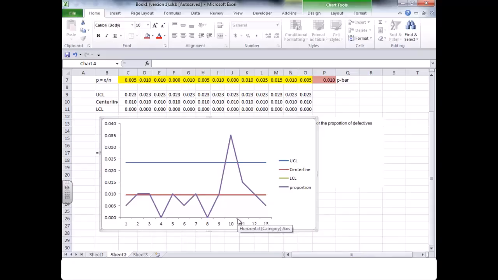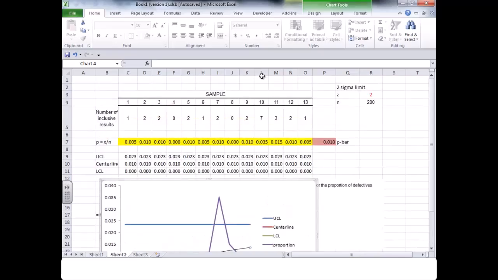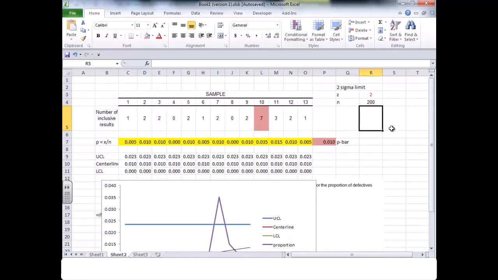So based on this graph, what can we say about the MRI process? During this period, it was out of control. Specifically, what period? That's the 10th observation, is that it? Okay, which is this. So we want to investigate what happened on this 10th observation.